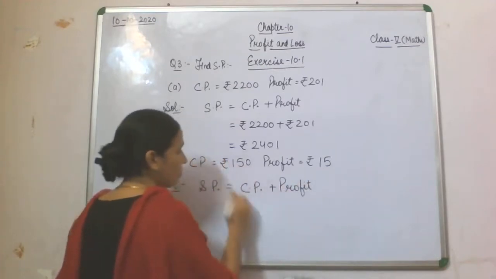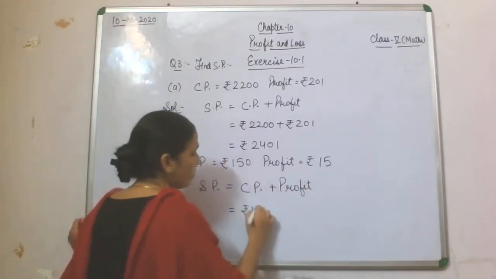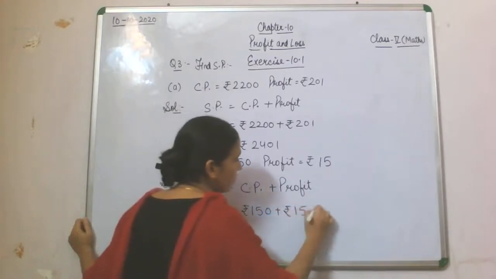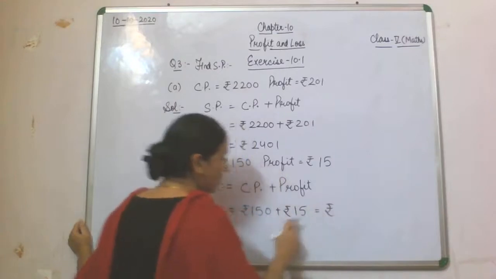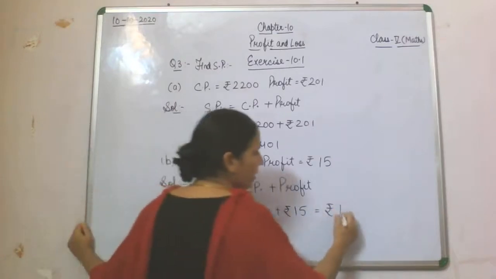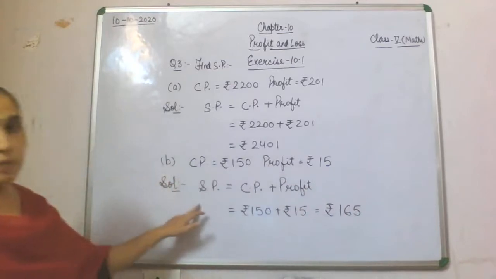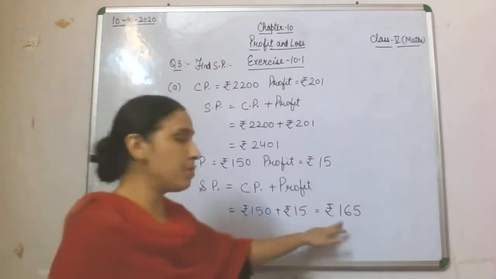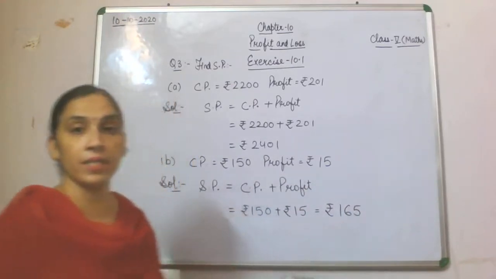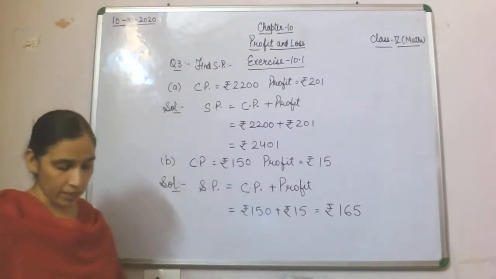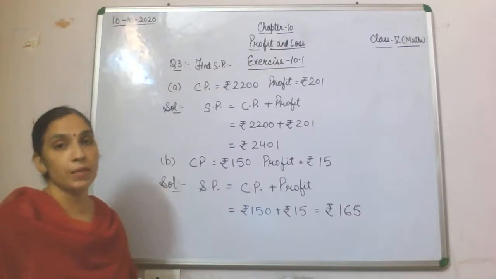So what we will do? Rupees 150 plus rupees 15. So what is the total here? 165. So here the selling price of that particular item will become 165. See, A and B parts both are given with cost price and profit.